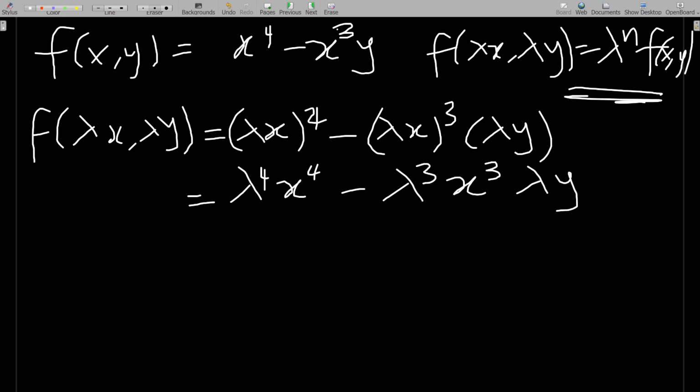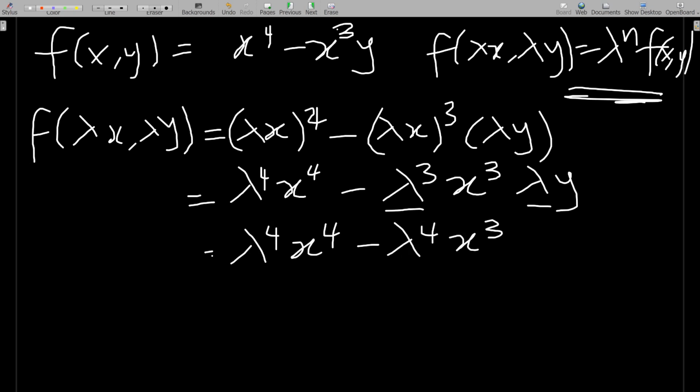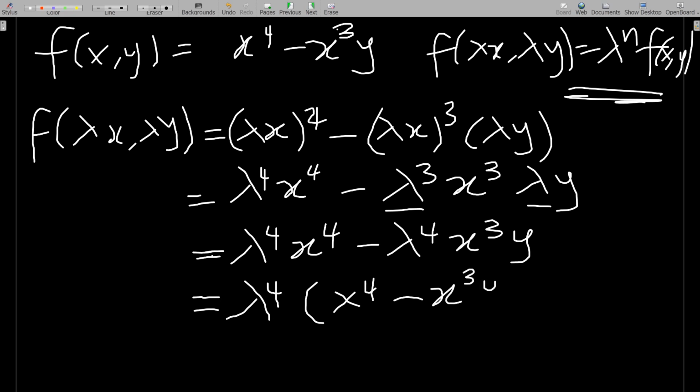But you see lambda can multiply lambda here, and I'll get lambda to the power 4 x to the power 4 minus lambda to the power 4 x cubed y. But lambda to the power 4 is common in both, so we'll get lambda to the power 4 times x to the power 4 minus x cubed y.